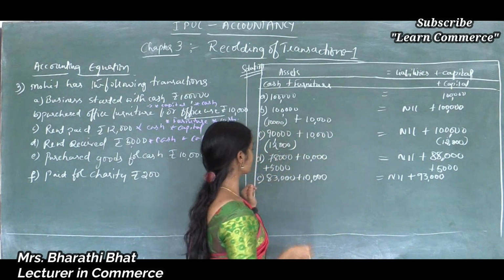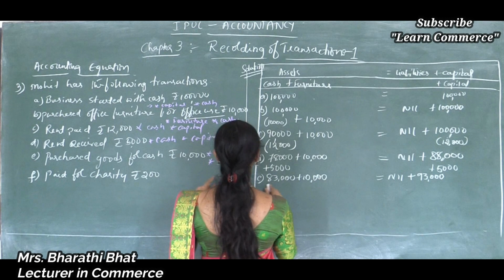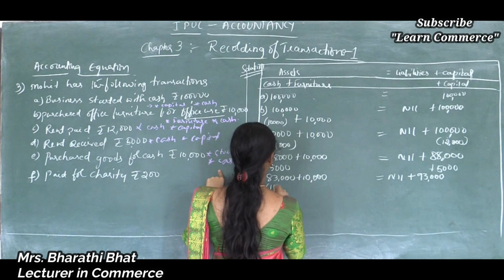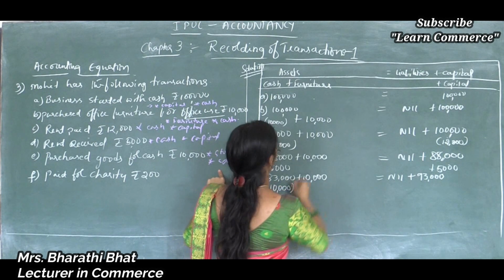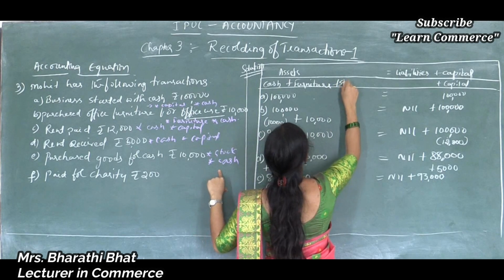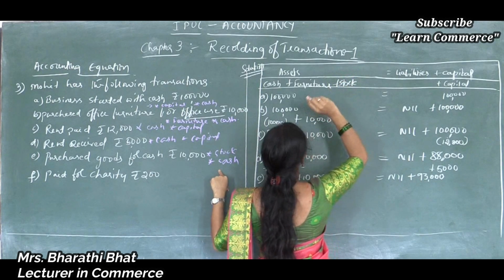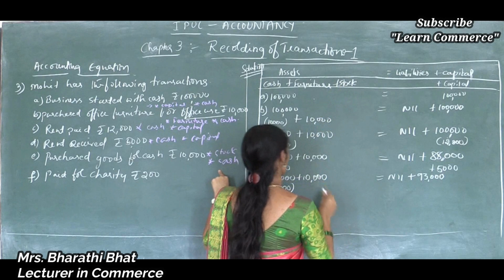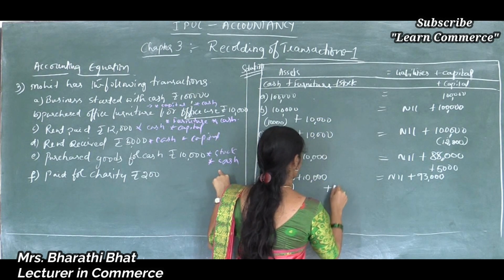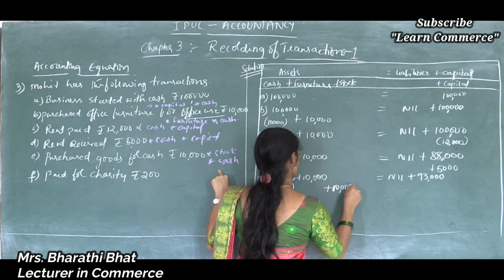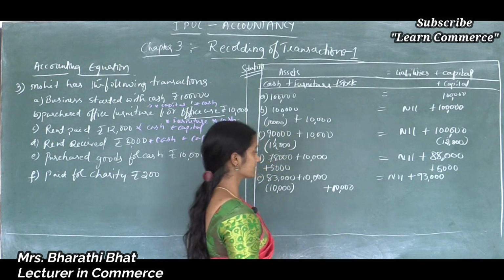How can we record here? Cash 10,000 reduced and the same worth of asset in the form of stock is increased, 10,000.